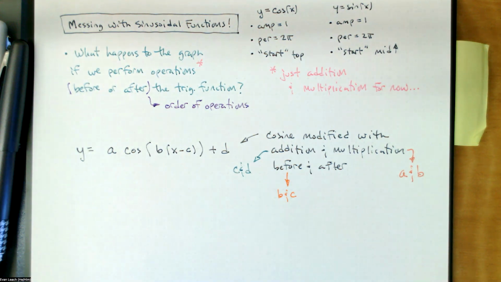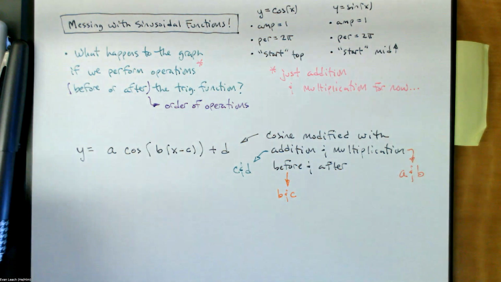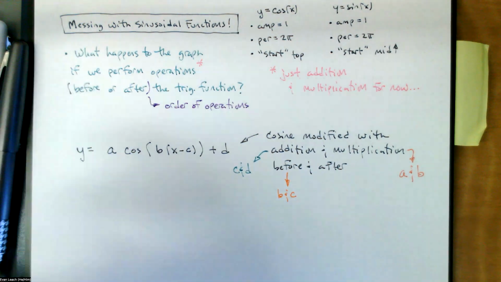That's what I mean by B and C being before the trig function. And A and D happen after. After we find the cosine of all that stuff inside, we multiply by A and we add D. Those two modifications happen after the trig function.